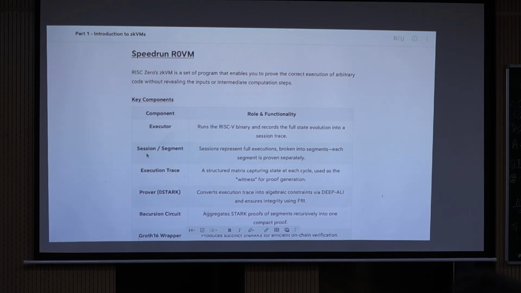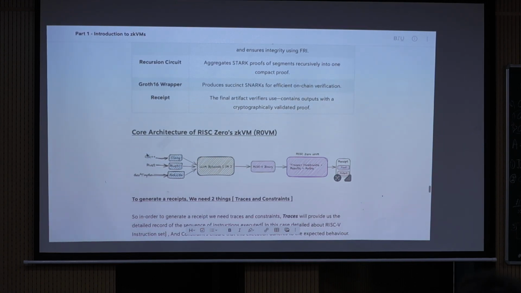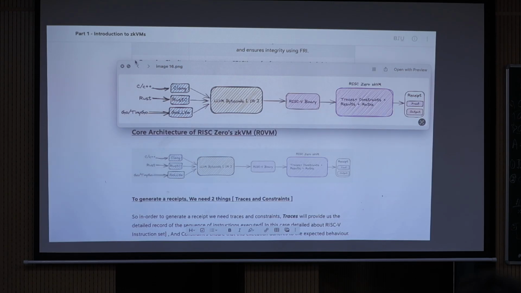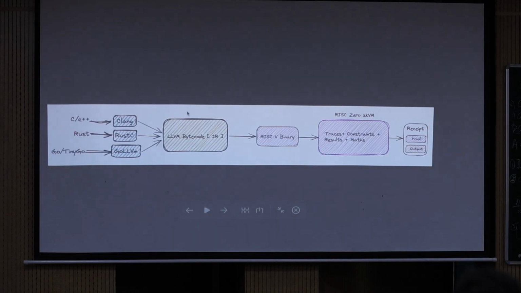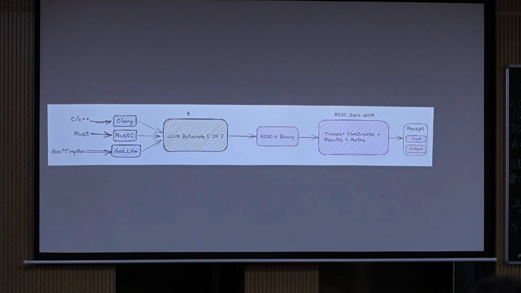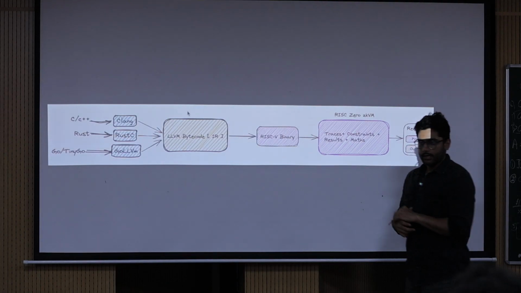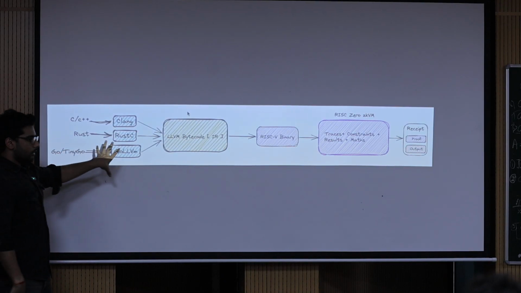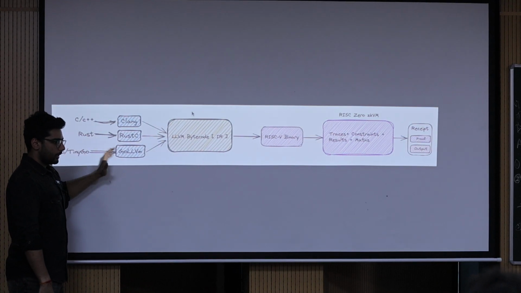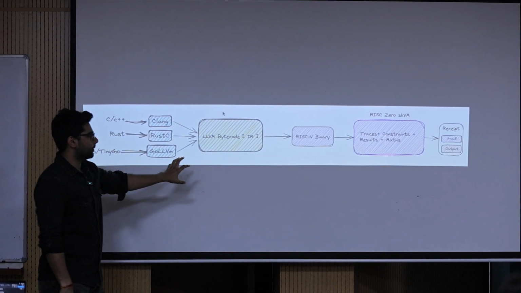Let's speed run RISC-0. So this is how a general-state VM would work. In order to have multiple languages being compiled, for now RISC-0 only works with Rust, but there could be integrations that could potentially lead to more languages being compiled to it.